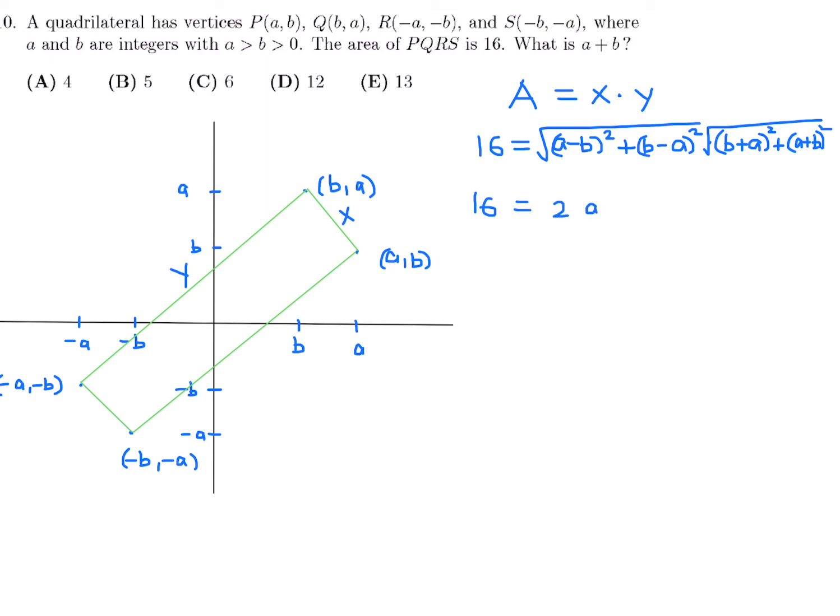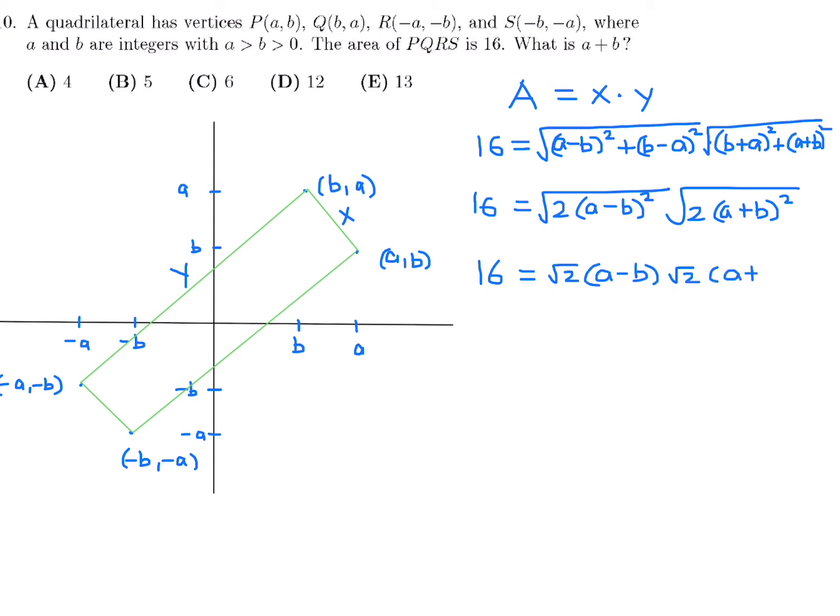This looks like 2 times (a minus b) squared, because b minus a and a minus b are the same thing when you square them. And then this looks like 2 times (a plus b) squared. Okay, when you take the square root, this becomes root 2 times (a minus b). This becomes root 2 times (a plus b).